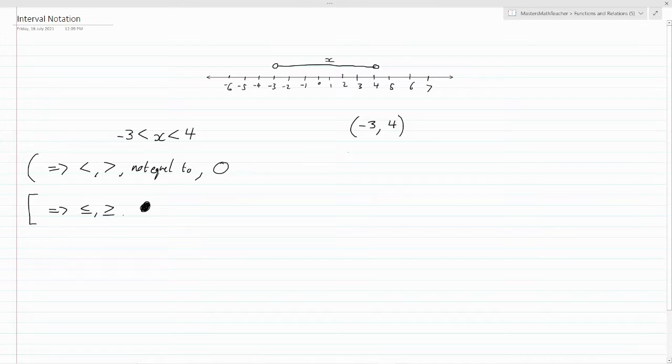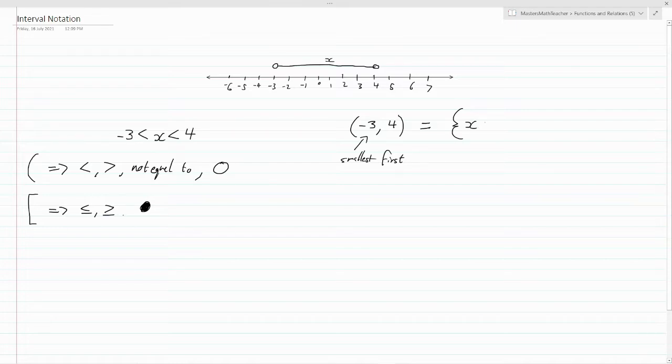Now in interval notation, we always have the smallest number first. Smallest first. Okay. Now we could also write that in set notation, and this might come up in your books a little bit. What they do is they write it like this.